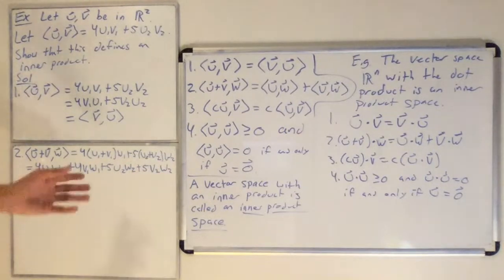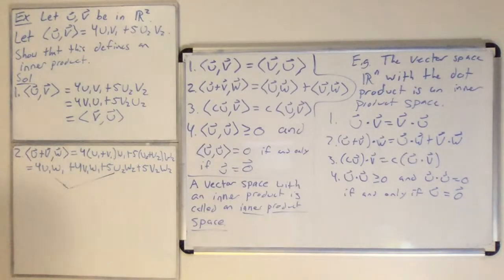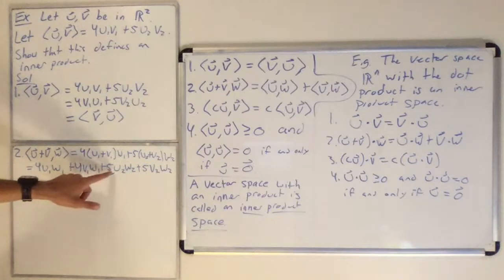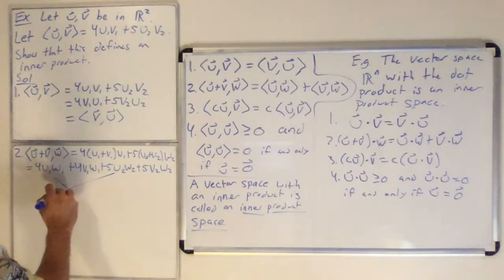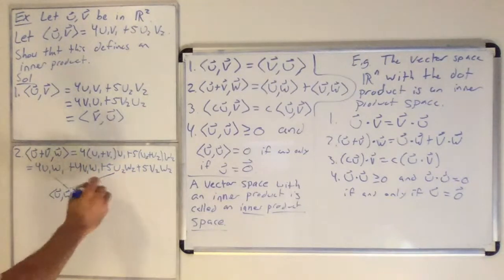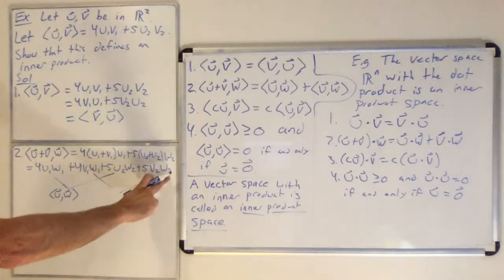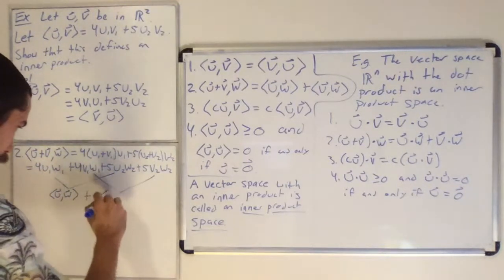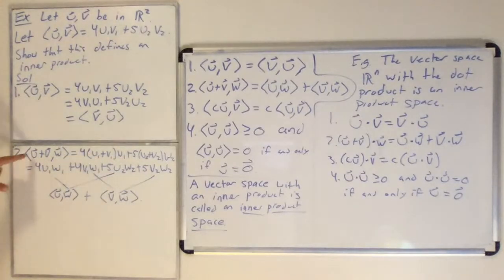Which we could write out to be this. This sum, 4U1W1 plus 5U2W2, that's the inner product of U and W. And this sum here, 4V1W1 plus 5V2W2, that's the inner product of V and W. So we showed that axiom 2 holds.